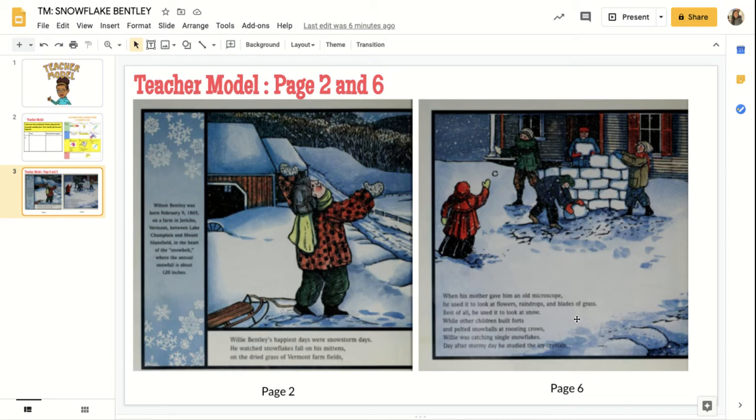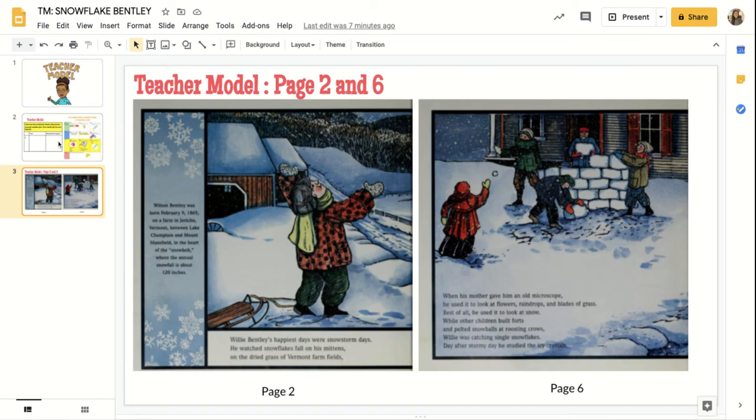Willie's mother. What did she do? She gave Willie an old microscope. When did she do this? In the winter, we can see by the snow. And where? Outside in the snow. So this is the event I'm focusing on: when Willie's mother gave him the microscope.